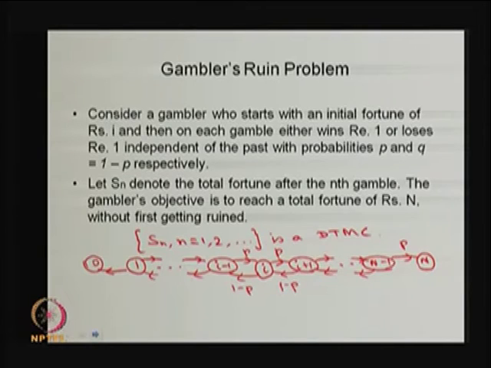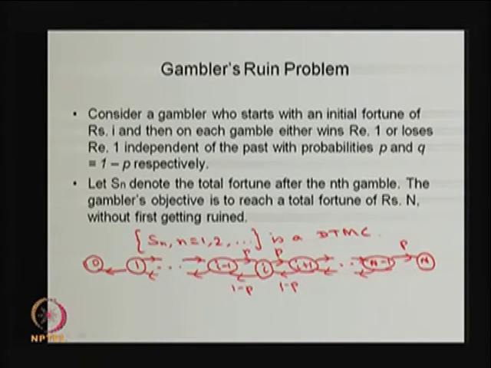That means you can make a state transition diagram for this Markov chain. The Sn is going to form a time homogeneous discrete time Markov chain because each game is independent, and with the probability p and with the probability 1 minus p, he wins or he loses. Therefore, the Markov property is going to be satisfied.